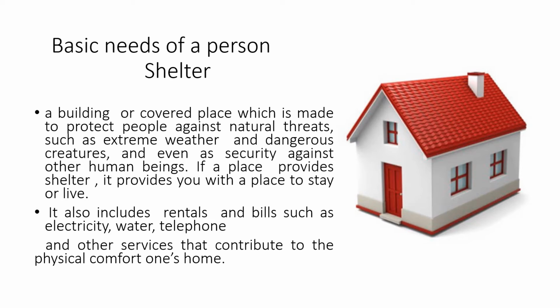If a place provides shelter, it provides you with a place to stay or live. It also includes rentals and bills such as electricity, water, telephone, and other services that contribute to the physical comfort of one's home.